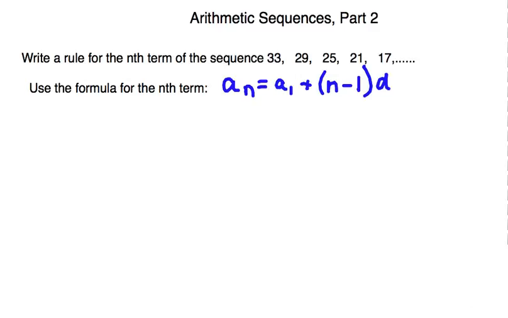Let's talk about those really quick so we can identify them. This a sub 1 is going to be the first term in the sequence, and the d is going to be the common difference, which we talked about in the last video.